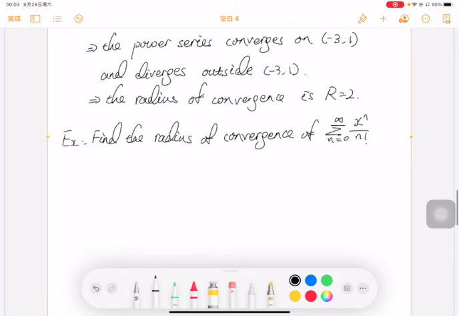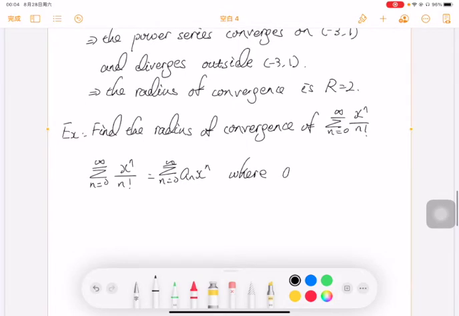First, let me rewrite this in terms of a(n), just because that will make the notation look a little simpler: a(n) times x to the n, where a(n) equals 1 over n factorial.